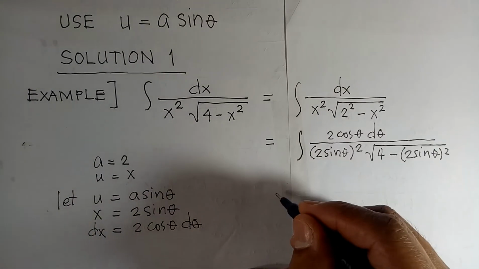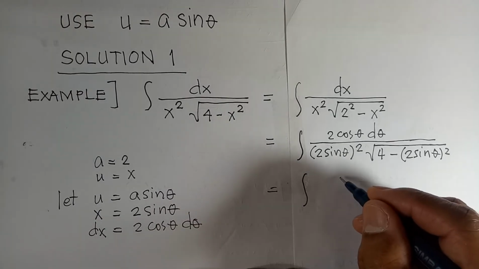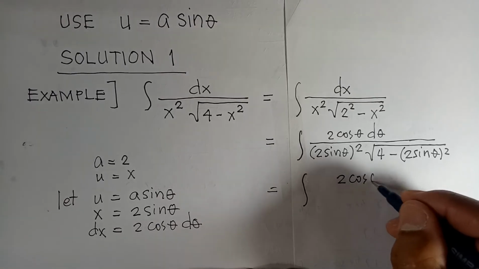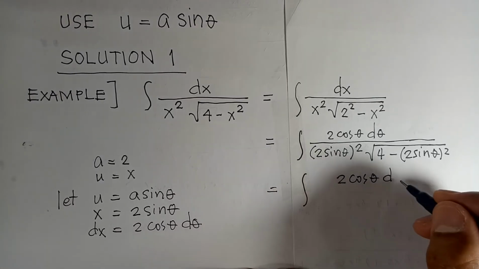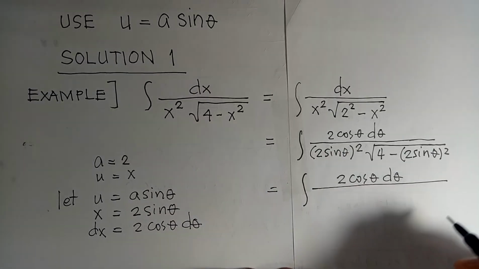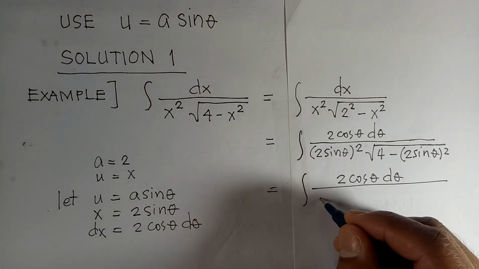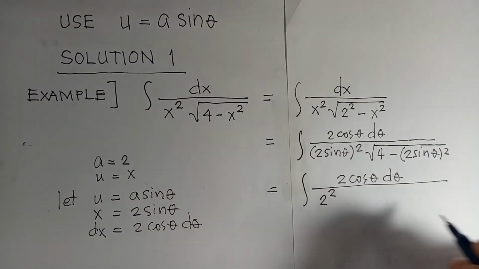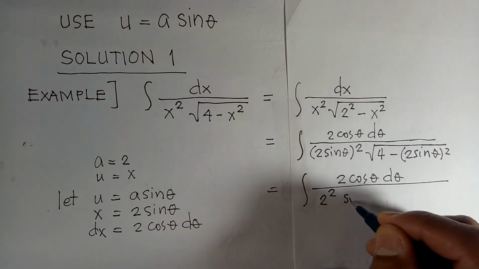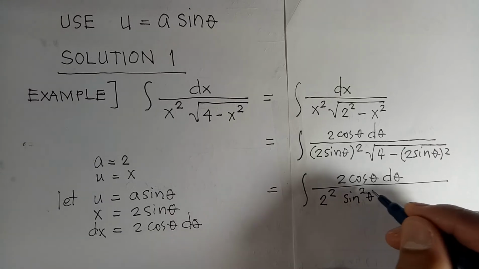Okay. So, meron tayong integral of. So, kopya lang yung numerator. 2 cosine theta d theta. So, divided by 2 squared, of course. And then, meron tayong sine squared of theta.